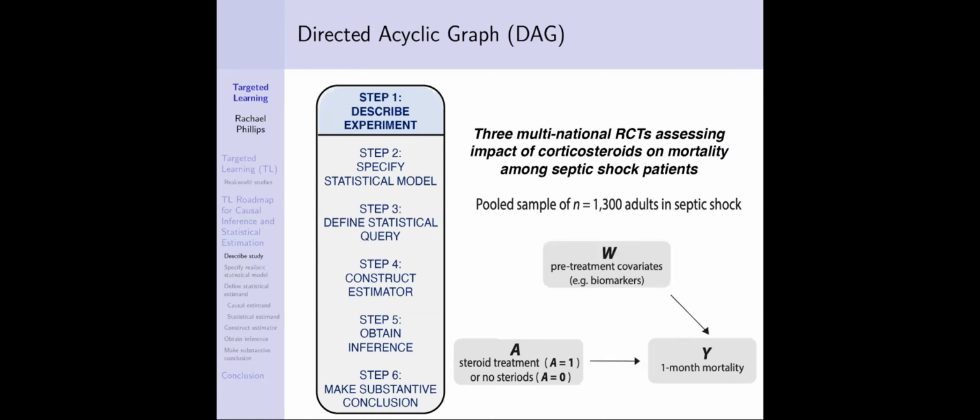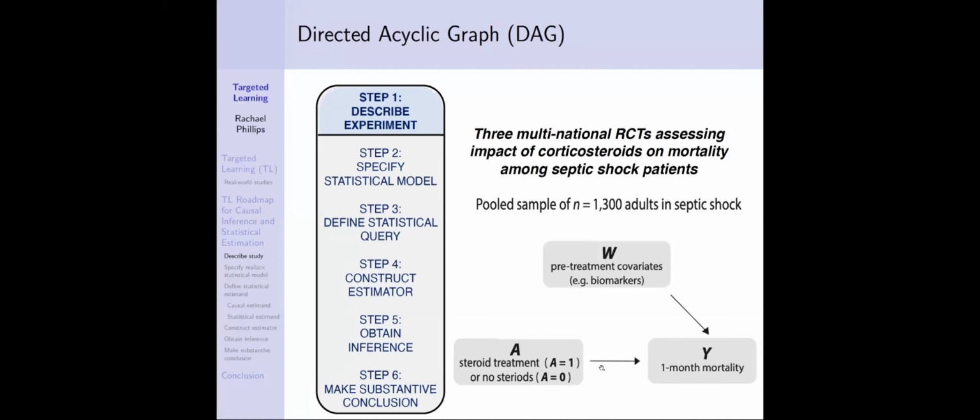We can use a directed acyclic graph, which is a tool borrowed from causal inference, to understand the relationships between the variables and how they connect to each other. So classically, a DAG also has an arrow from W to A, but we have a randomized trial in this setting. So pretreatment covariates are not impacting the treatment decision, whether or not someone receives steroids, because that is a randomized decision.